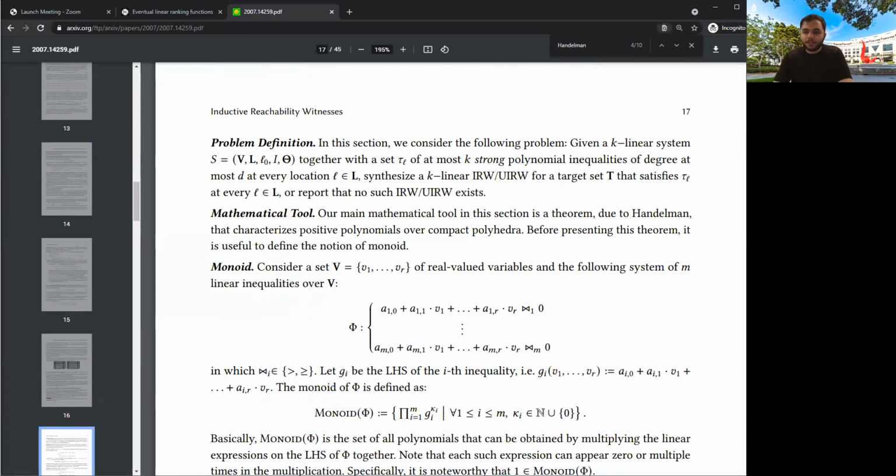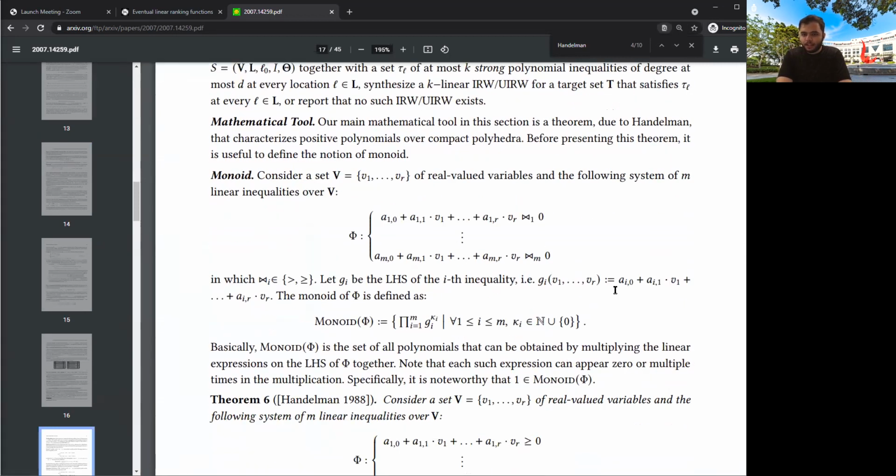So Handelman's theorem is basically an extension of Farkas lemma when the inequality that you want on the right-hand side is polynomial instead of linear. So the idea is this. Let's say that we have a set of variables. So V is V1 to VR. And let's say that this is the set of our assumptions.